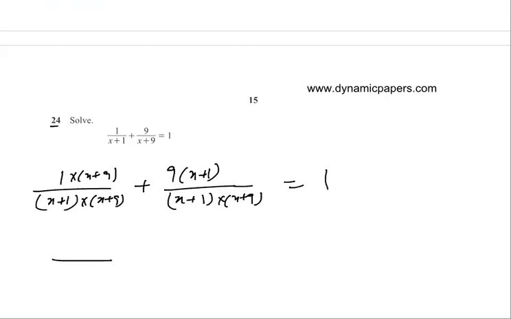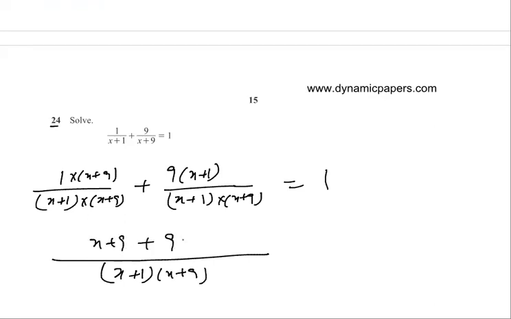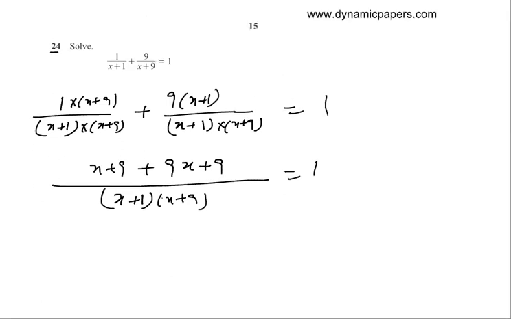Now the same denominator, write one time. And this will become x plus 9 plus 9 into x plus 1. It will be 9x plus 9 equals to 1. To solve this one, shift it to the other side. x plus 9x will become 10x and 9 plus 9 will be 18, equals to, when you shift it to the other side, x plus 1 into x plus 9.